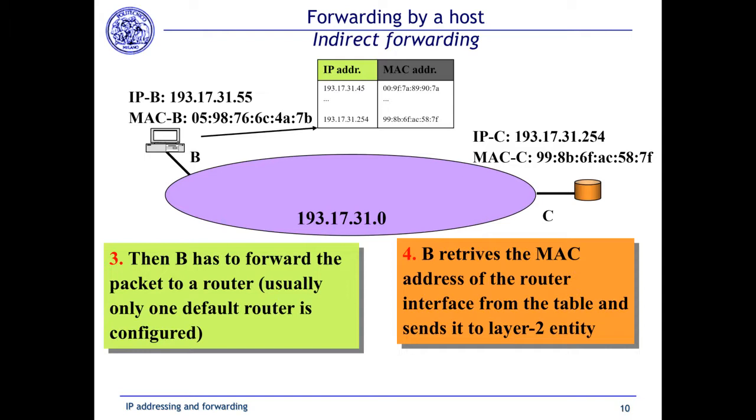And again, if we go back to the configuration of the network interface of your PC, you have to specify as default gateway an IP address, and this is the IP address of the interface of the default gateway, the key that is used to look into the ARP table in case of indirect forwarding.